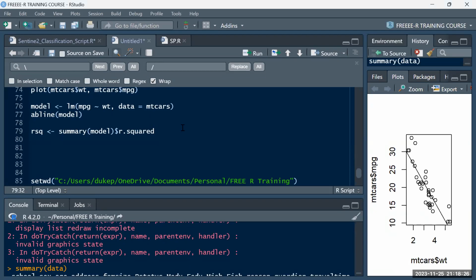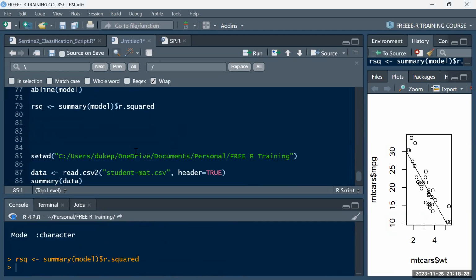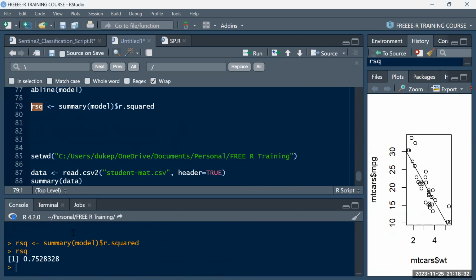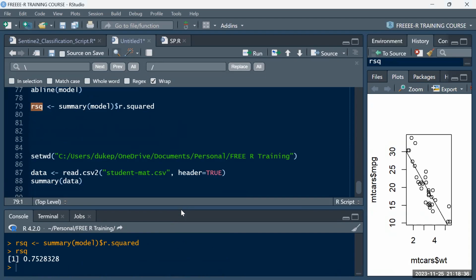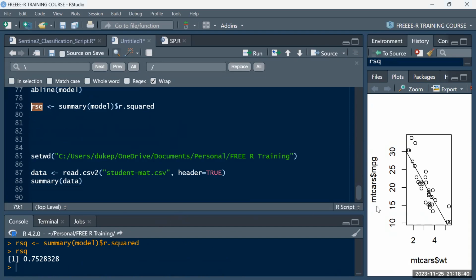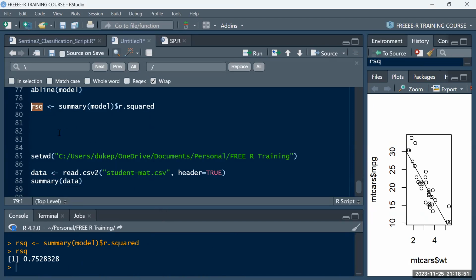All right, so let's run this. Good, perfect. So this is the R squared of the model, which is 0.75, meaning that this model explains 75% of the data.